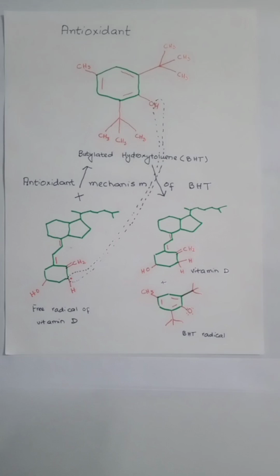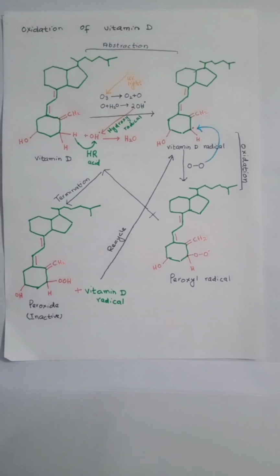Today's topic is about the antioxidant butylated hydroxytoluene and the various important groups present in its chemical structure, which are involved in its function and stability. I will explain the mechanism of action of butylated hydroxytoluene as an antioxidant, and how it prevents the oxidation of lipids.